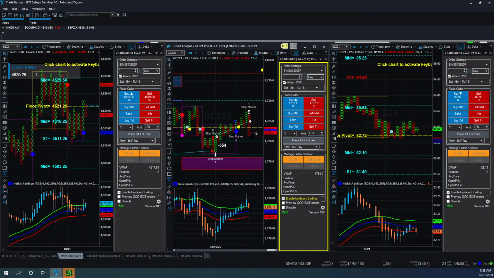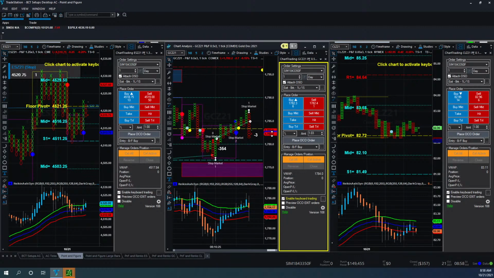It's only in 1 bar. So we have 1, 2, 3, 4, 5, 6, 7, 8, 9, 10, 11, like 12 bars to the downside. See what crude is going to do in the open.